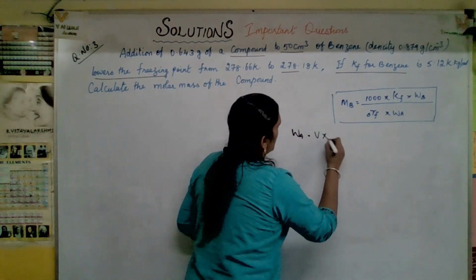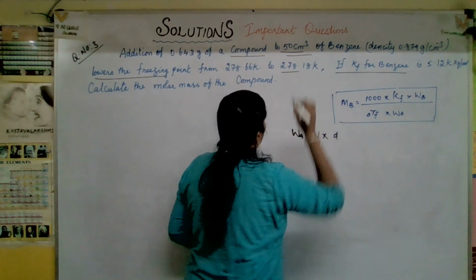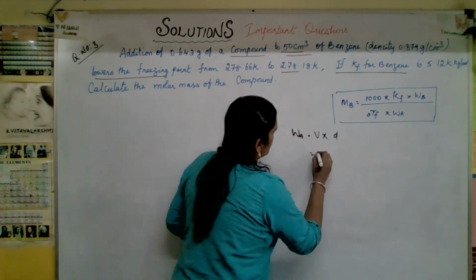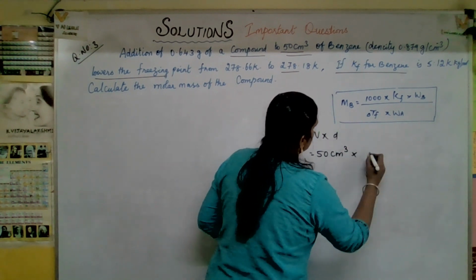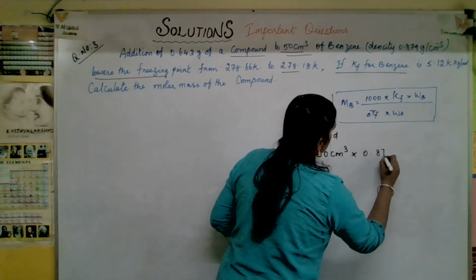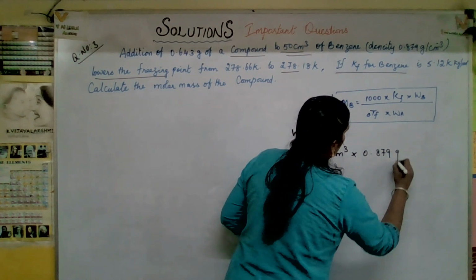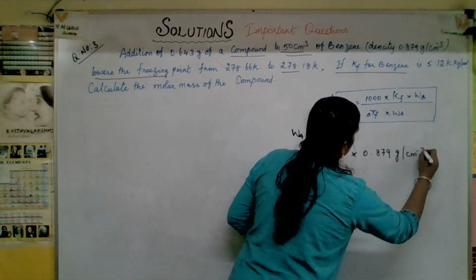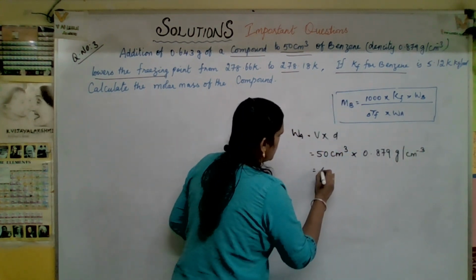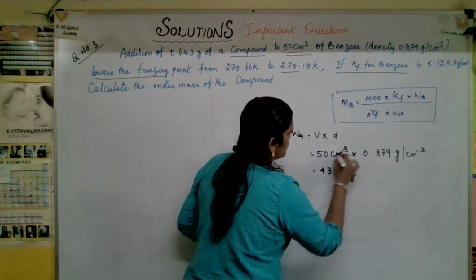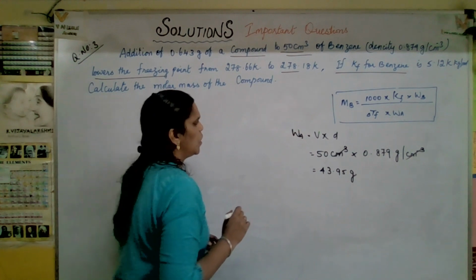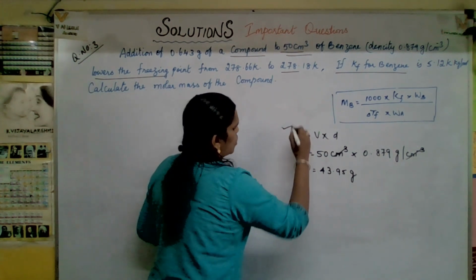So, volume into density. Here they mentioned volume and density. So here 50 centimeter cube into density, how much? 0.879 gram per centimeter cube. So you will get 43.95 gram. Right. Okay. Now WA we got it.